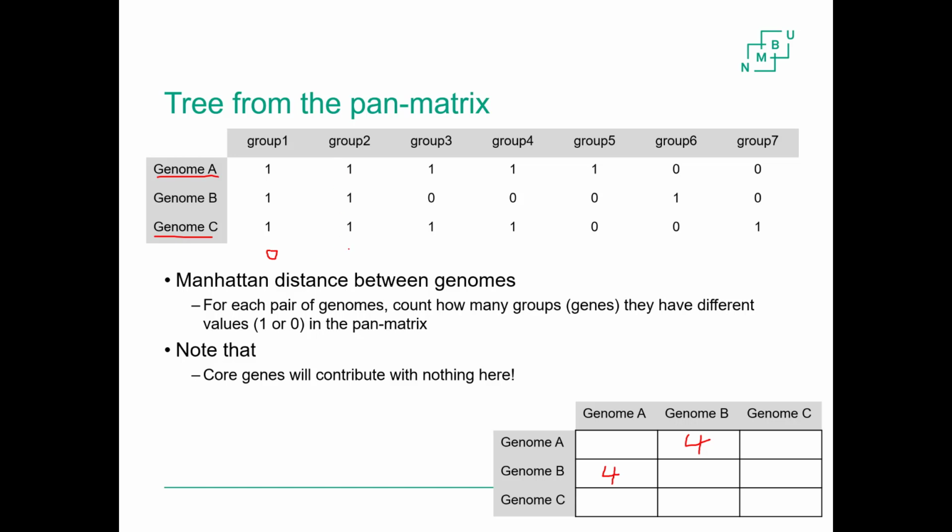In group 2 there is also no difference. In group 3 there is also no difference between A and C. Group 4 is also no difference between A and C. Only here in group 5 we have a difference, 1 and 0. Here is no difference again. And out here in group 7 there is also one difference again. So here the total number of differences is 2, A to C.